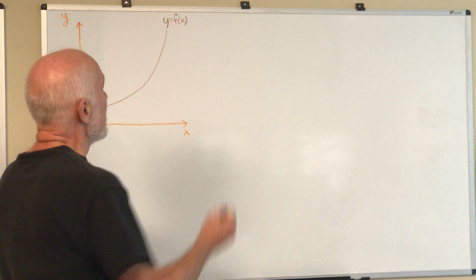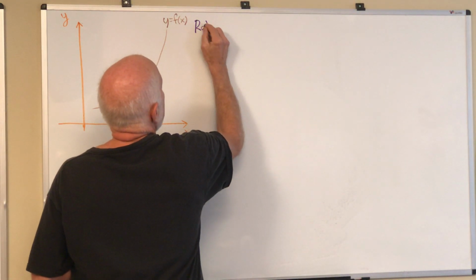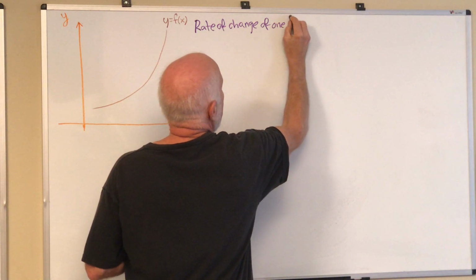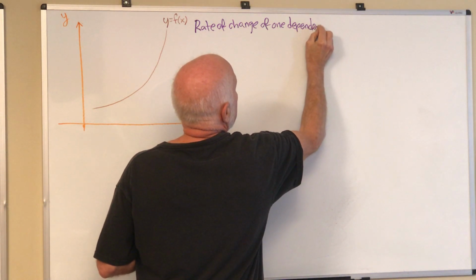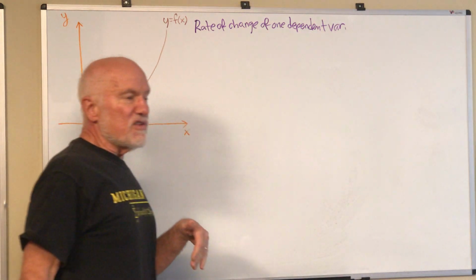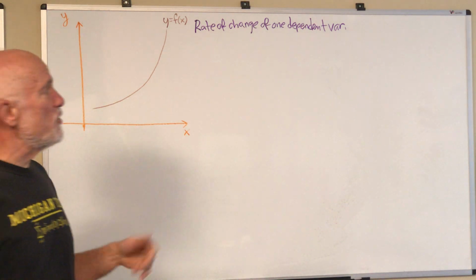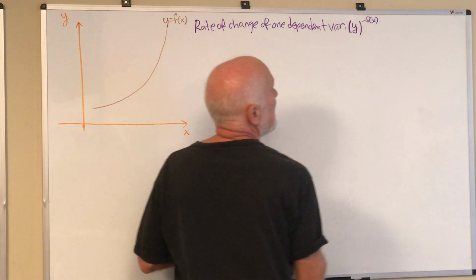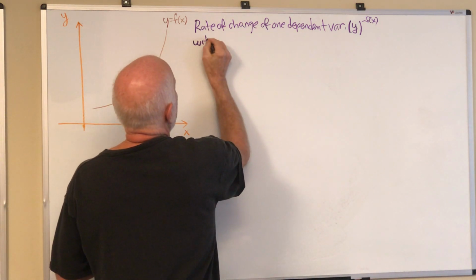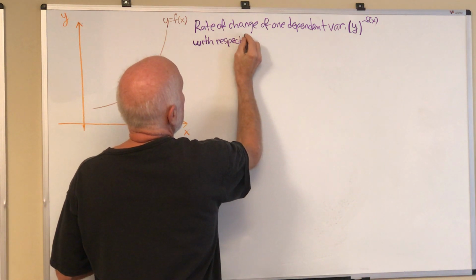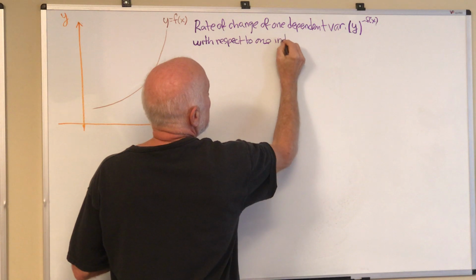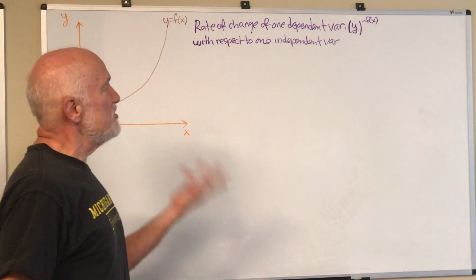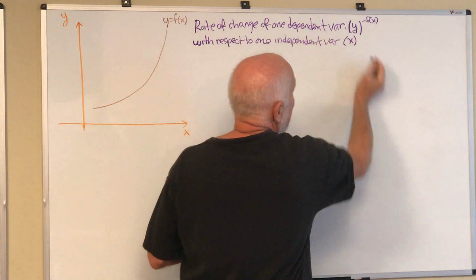So in general, what we're going to be talking about is a rate of change of one dependent variable, which yesterday was our position, or S. But in general, we think of maybe a dependent variable to be y, or f of x, and it's going to be with respect to one independent variable, which yesterday was time, or t, but in general we might say x is our variable.